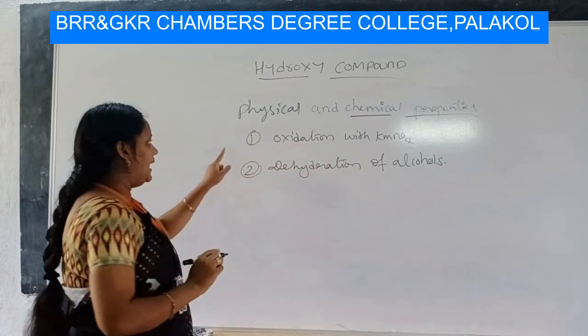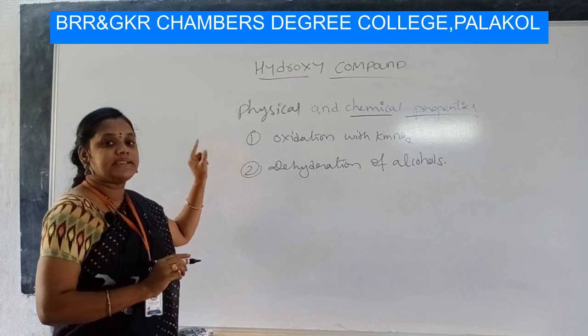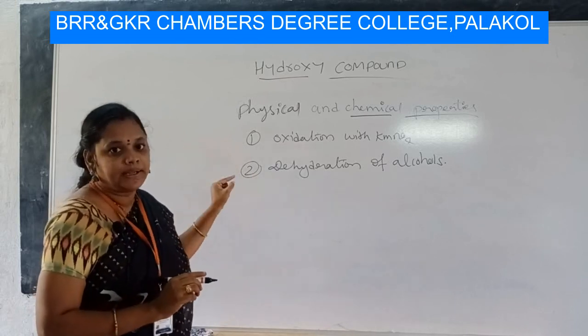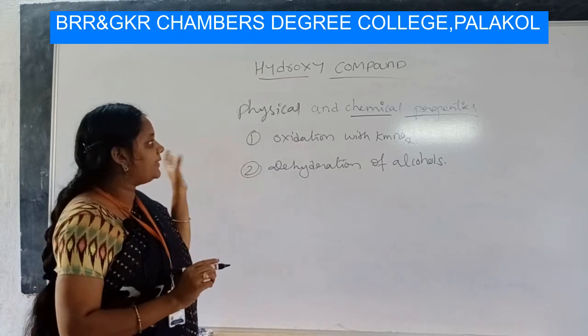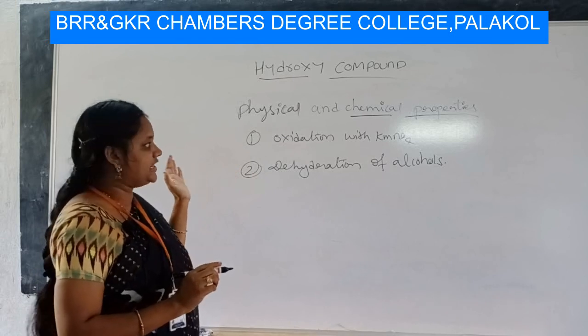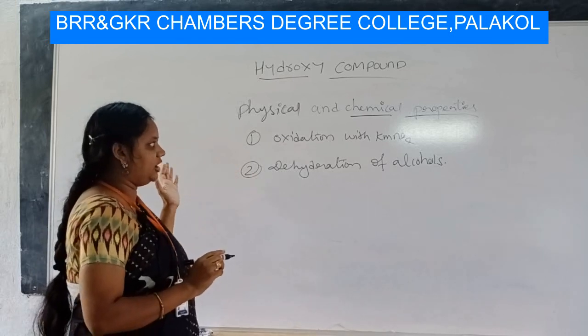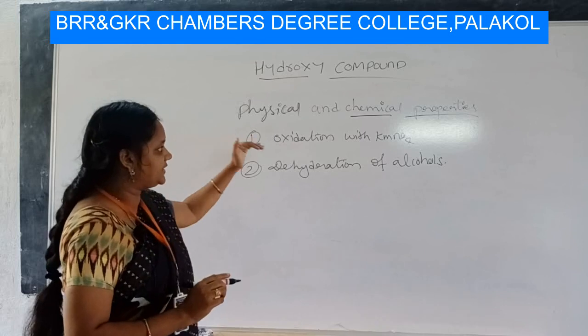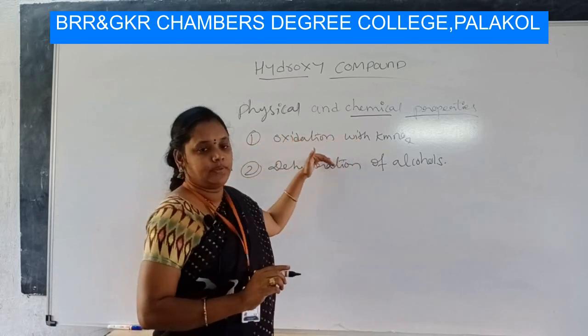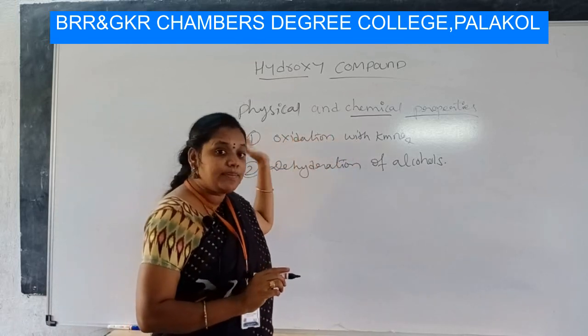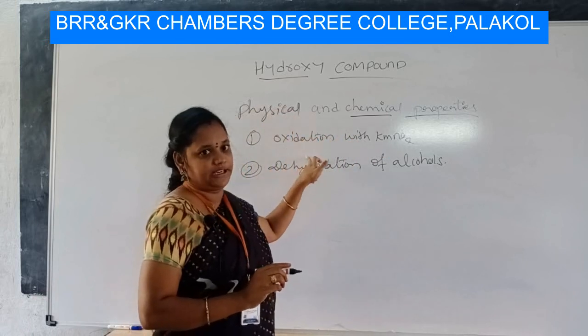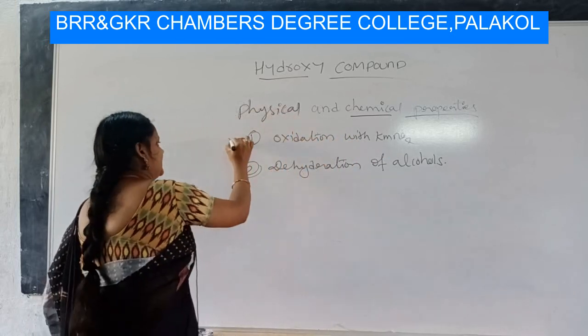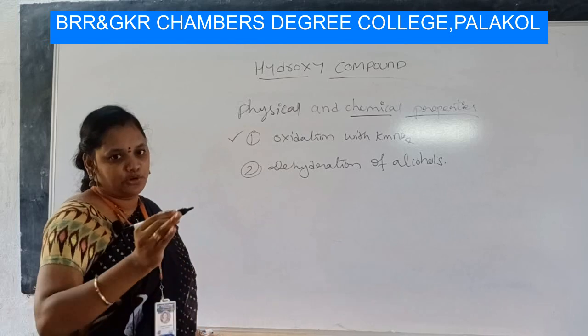I have already told you at the start of this session to please remember the equation of distinction between primary, secondary and tertiary alcohol. I told the equation, oxidation with KMnO4. I have already discussed it. Now this can be used as a chemical property. You have to write it two times.